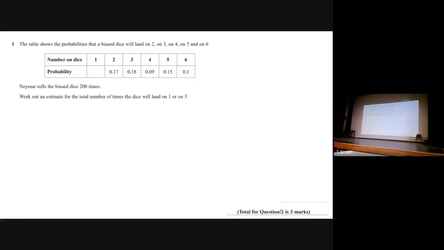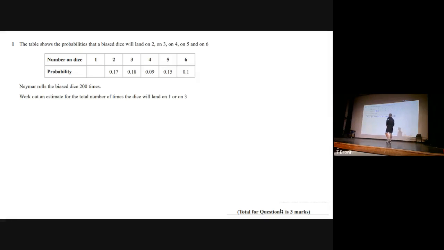So Neymar rolls the biased dice 200 times. Work out an estimate for the total number of times the dice will land on 1 or on a 3. But they haven't told us what the 1 is. Can we work out the 1? It's whatever percent is left, because it's certain it's going to land on one of the numbers, and we've not been told what the 1 is.